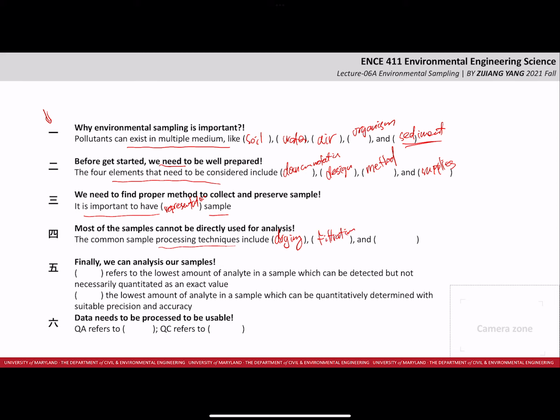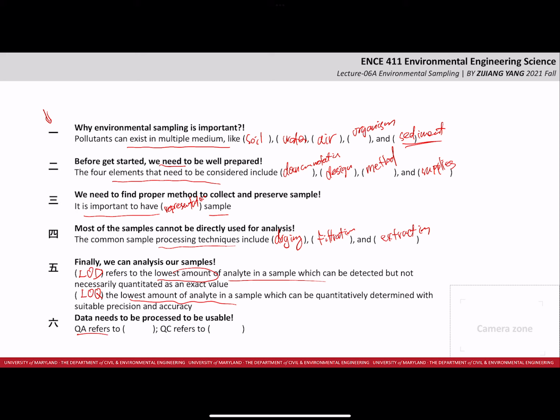Filtration and extraction. And what refers to the lowest amount of analytes in a sample that can be detected? The limit of detection, yes, or LOD. And the lowest amount of the sample that can be quantified, so this is LOQ.